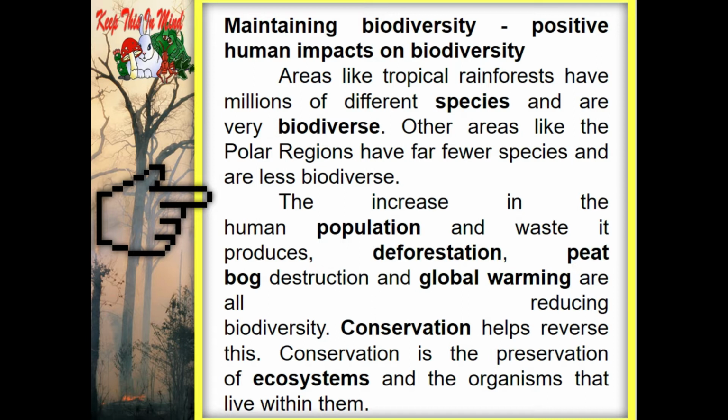The increase in the human population and waste it produces, deforestation, peat bog destruction, and global warming are all reducing biodiversity. Conservation helps reverse this. Conservation is the preservation of ecosystems and the organisms that live within them.